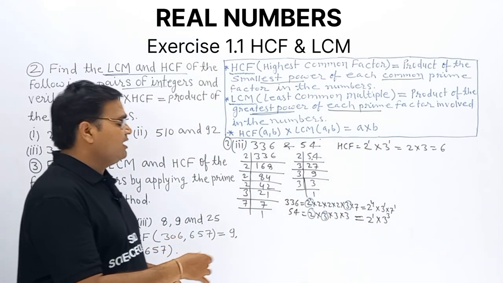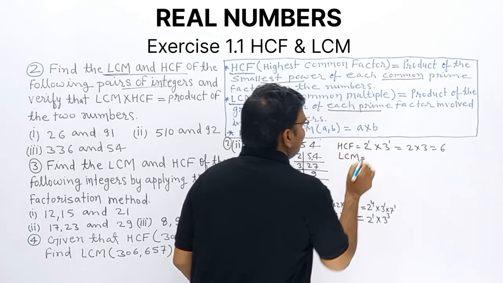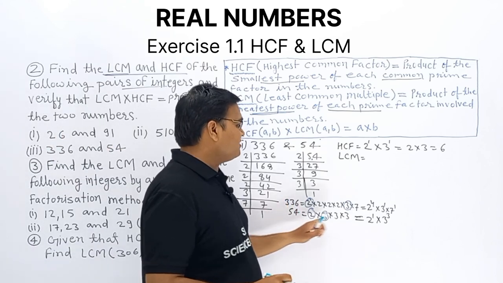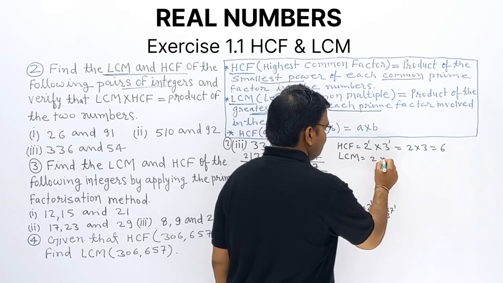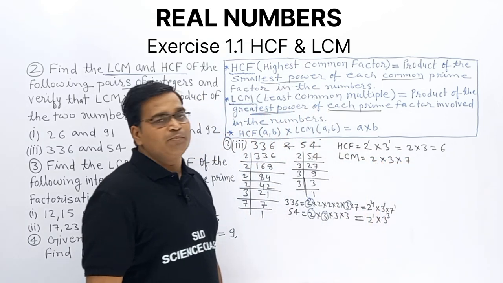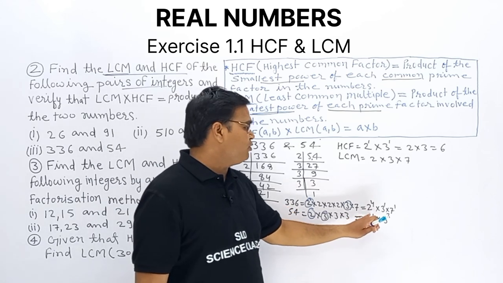Now we want LCM. How will we find LCM? LCM निकालने के लिए जो भी प्राइम नंबर्स फैक्टर्स के अंदर आए हैं उनको वन टाइम लिख दीजिएगा. 2 आया है, 3 आया है और 7 आया है. क्या एनी अदर प्राइम नंबर इन्वॉल्विंग इन दिस? नो वन. We are having 2, 3, 7.